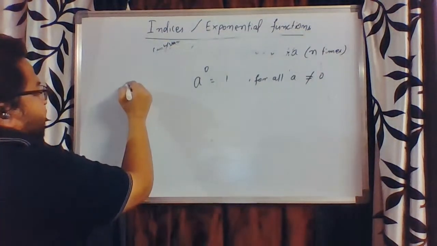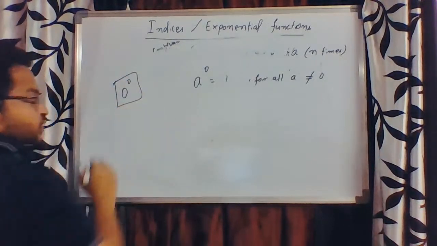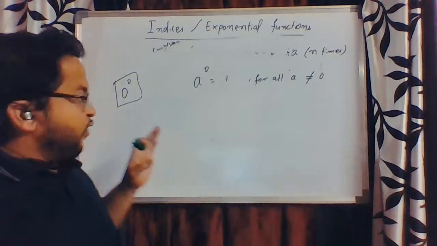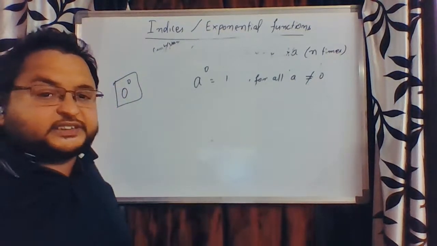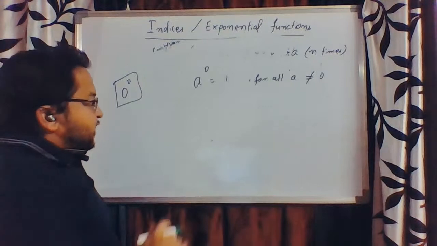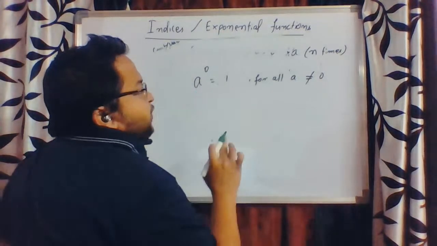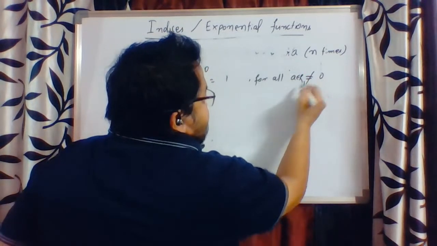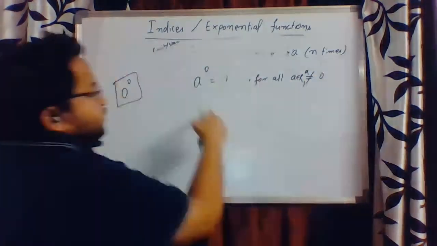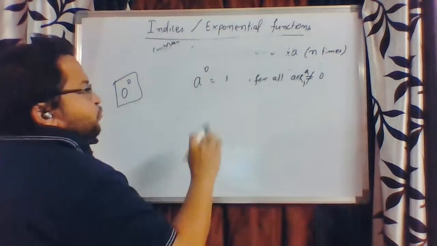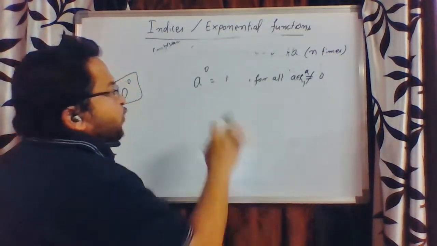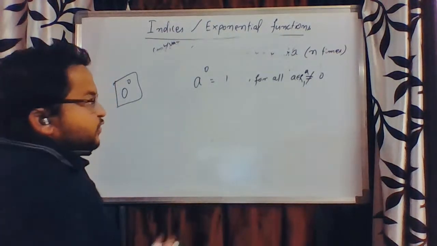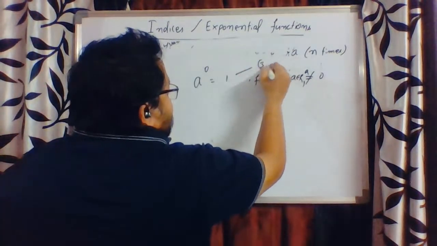Because 0 to the power 0, the definition of it is beyond the scope of this discussion, so I would leave it for a relatively higher studies discussion. Any real number for all a which belongs to the set R, and a is not equal to 0, when raised to the power 0, the value is 1. So you can write it as your rule number 3.